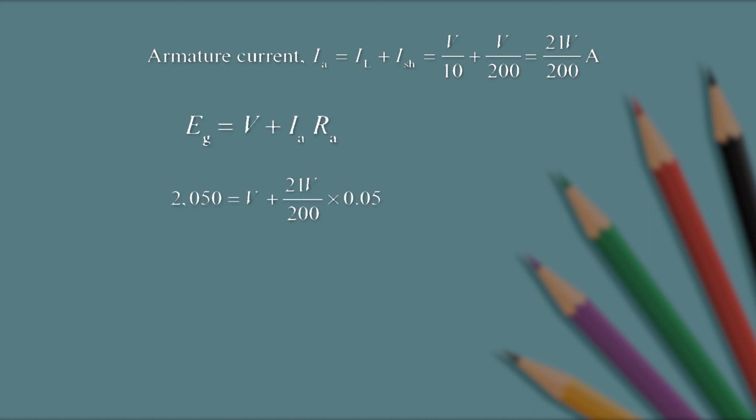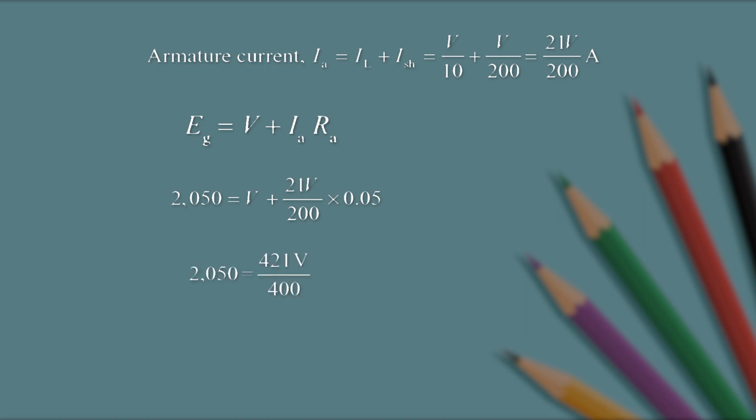As you know, this generated EMF EG can be written as V plus IARA, and the value of EG, that is generated EMF, is 2050, and you assume that terminal voltage is V. Just put the value of IA, which is 21 V upon 200, and armature resistance is 0.05.